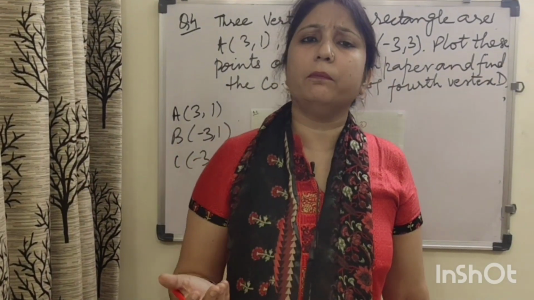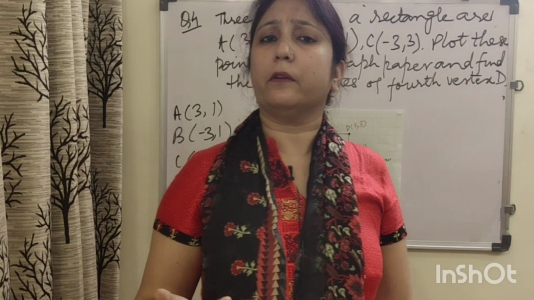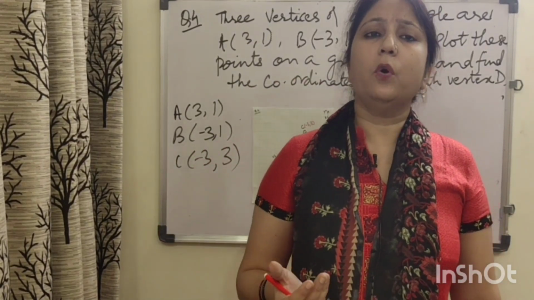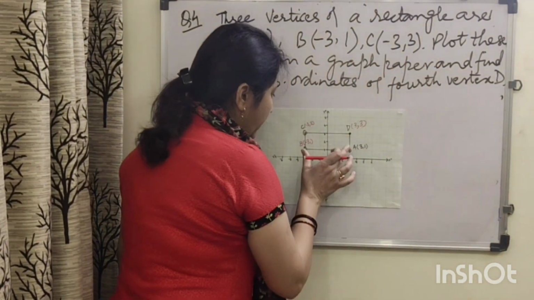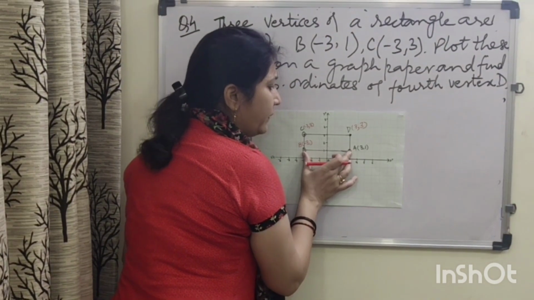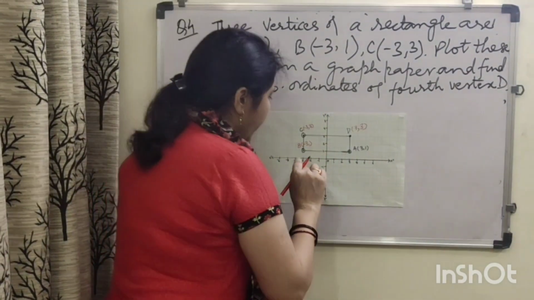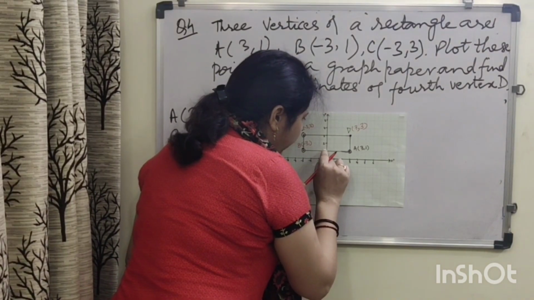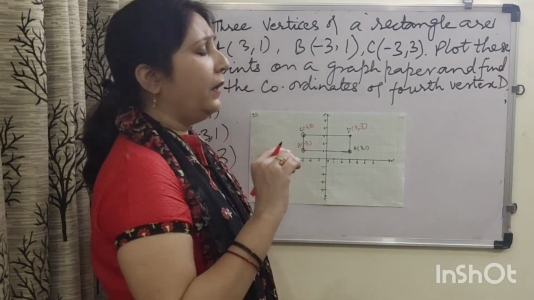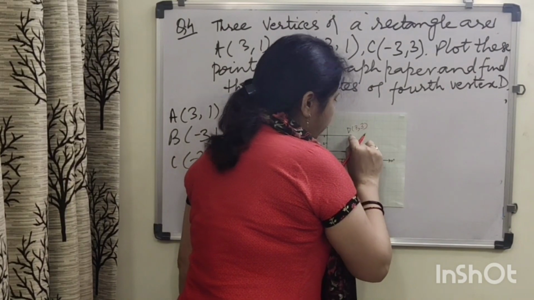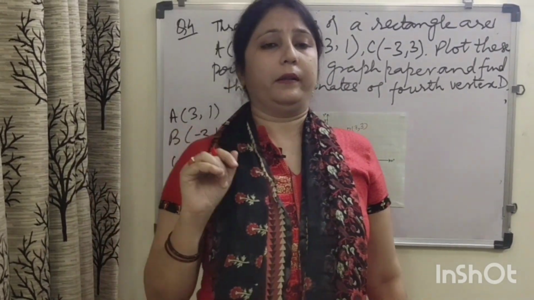Children, what is the formula for area of a rectangle? That is length into breadth. You all know. So you check lengthwise how many squares it is covering, breadthwise how many squares it is covering. So if you look lengthwise, it is covering 6 squares, breadthwise it is covering 2 squares, 2 unit distance.